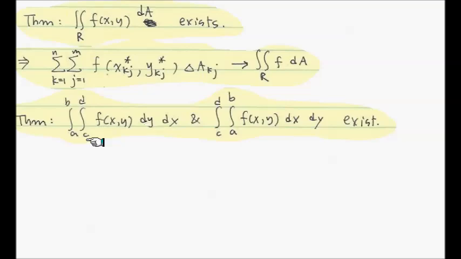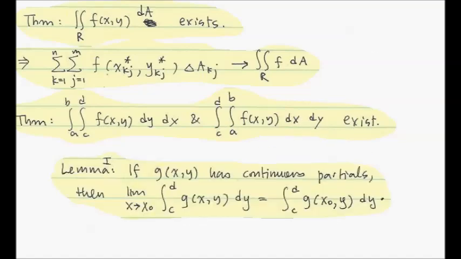So we can look at this as a function of x, and to show the outer integral exists, we want the inside, as a function of x, to be continuous. That's the lemma part, and here is the same. If you look at this as a function of y, because we're integrating with respect to x, then the outside integral requires this thing to be continuous to guarantee the existence.